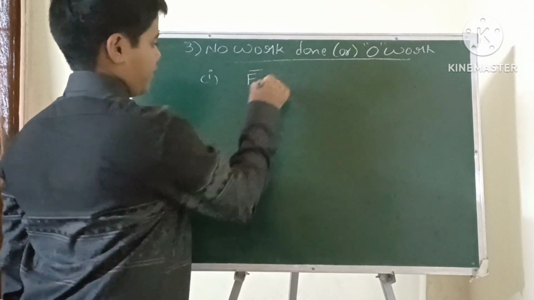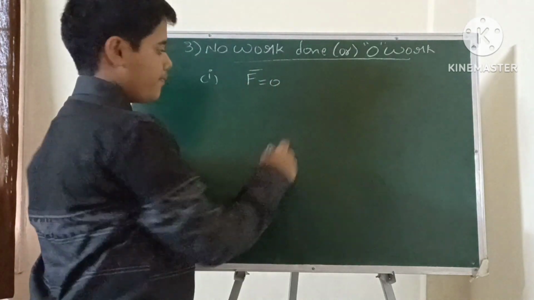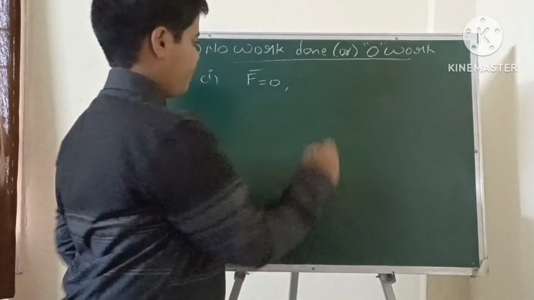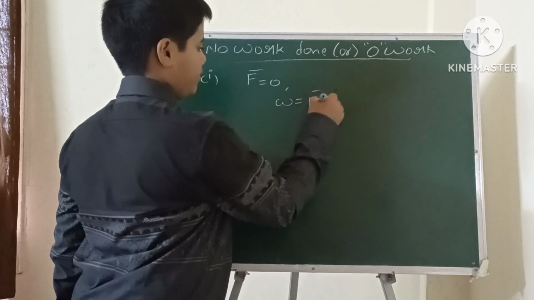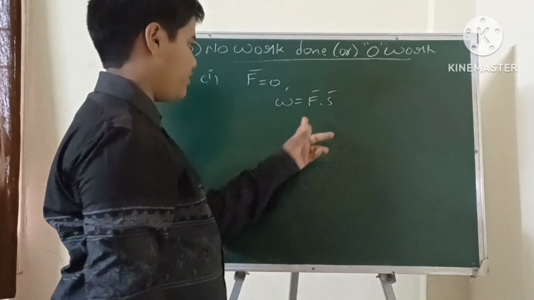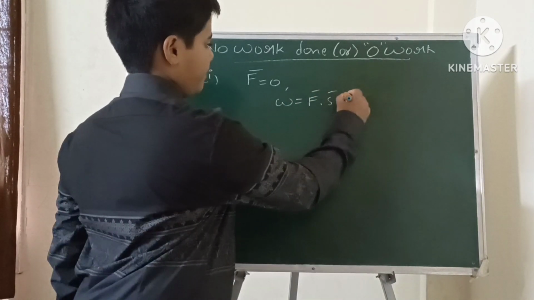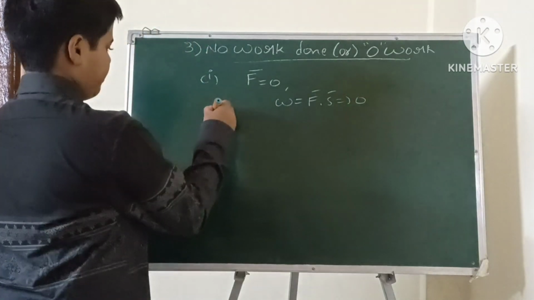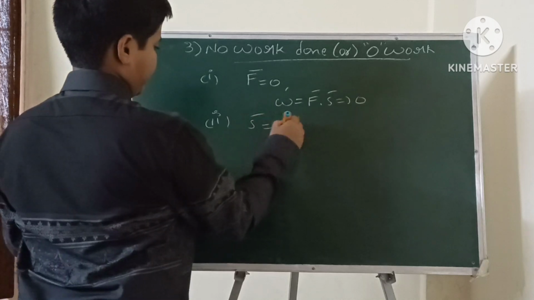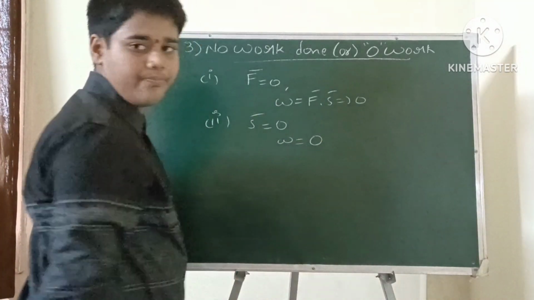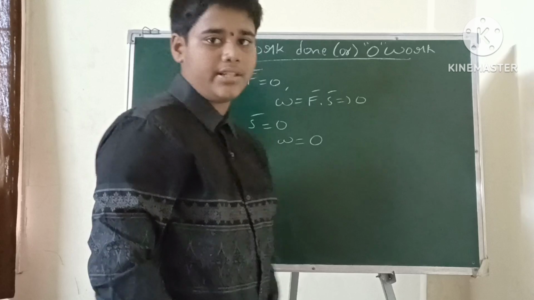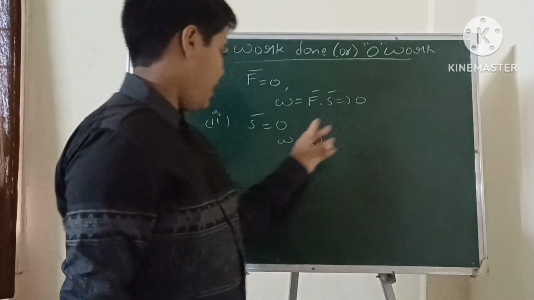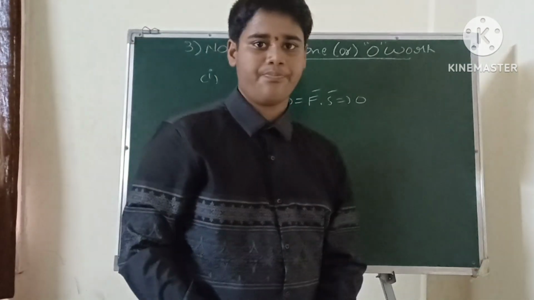When force is 0, work is force into displacement, and 0 into displacement is 0. So when force is 0, work is 0. And second, when displacement is 0, work is also 0. Because we are multiplying two quantities, force and displacement, 0 into displacement means 0, and 0 into force means 0.